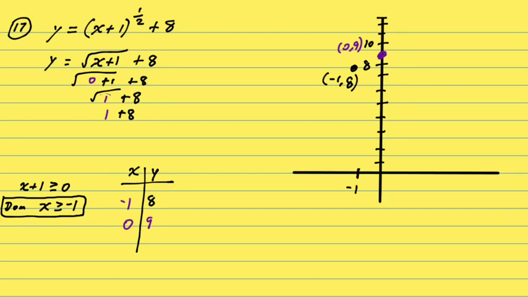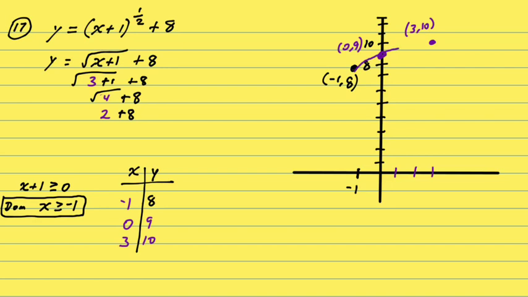And let's put in something like a 3. Why a 3? Because when you put in a 3, 3 plus 1 is 4, and 4 has a nice square root. So 2 plus 8 makes it 10.